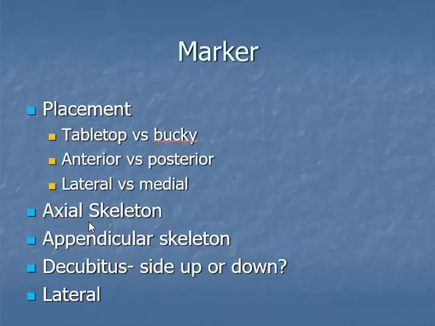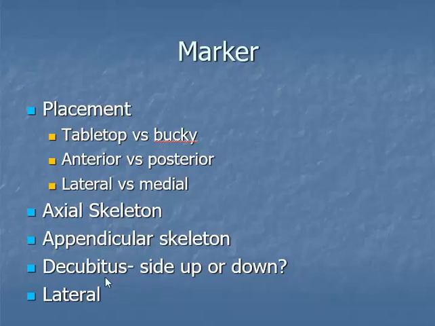In other words, if you're shooting a PA chest X-ray and the image receptor slides in from the patient's left-hand side, I'm going to mark that image left, because the distance it has to travel inside of the Bucky is only a couple of inches, and therefore the Bucky is less likely to eat it. If you put it on the Bucky itself, the tabletop, that's okay. It doesn't really matter if it's left or right that way.